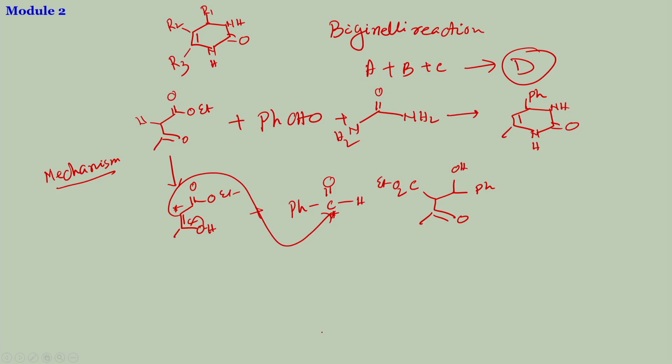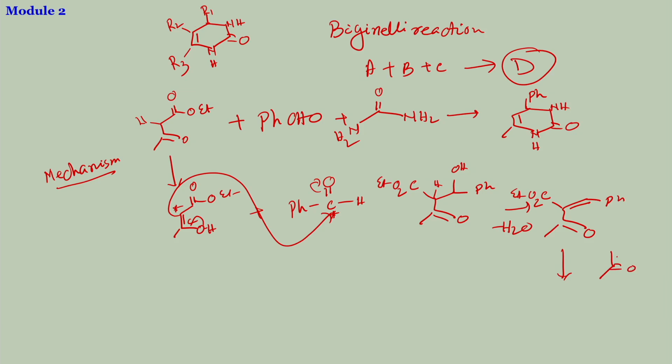This is formed. Now, this will dehydrate and will give you CO2Et and your Ph. There would be a double bond here, minus water, this OH and this H would go away.